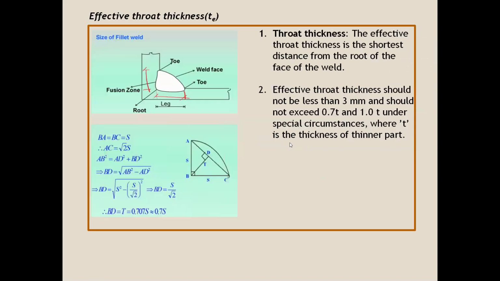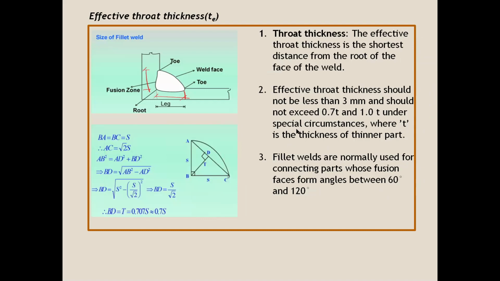Effective throat thickness, t_e, you have to calculate. See the diagram, throat part. This is the throat thickness. The effective throat thickness is the shortest distance from the root to the face of the weld. This distance is called the throat thickness.